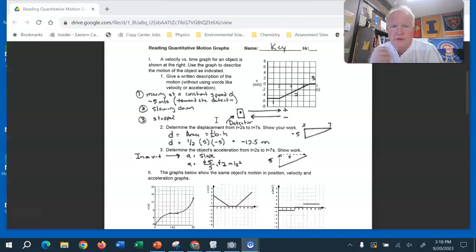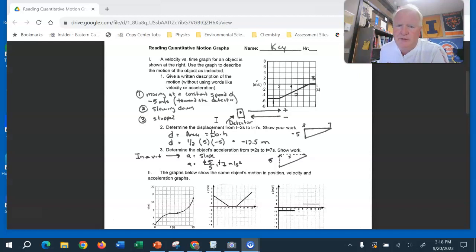But the area of a velocity versus time graph equals distance, or in this case, displacement. We're using those two interchangeably. Some people got mad about that because they do mean different things, but when we're moving in a straight line, the distance and the displacement are the same.